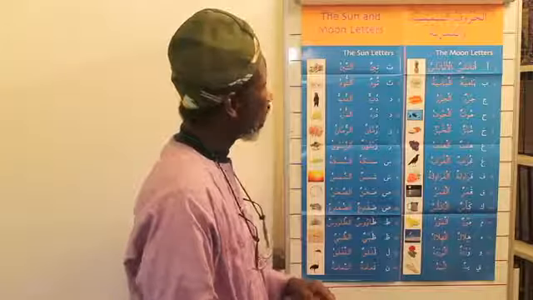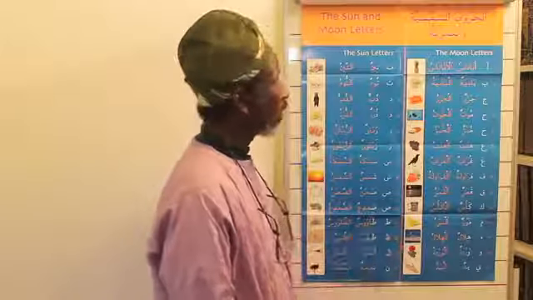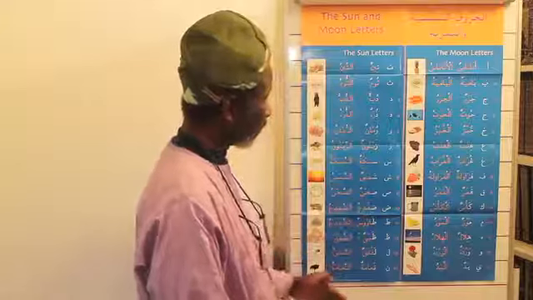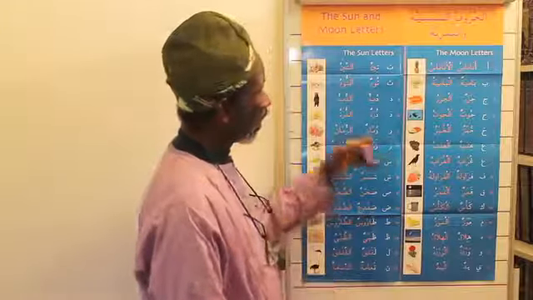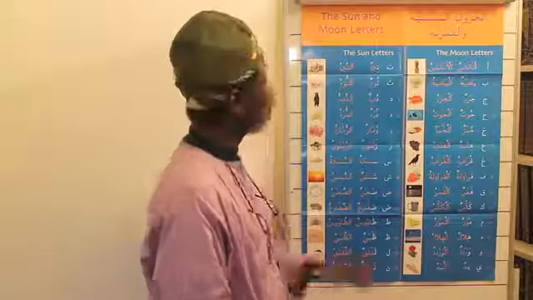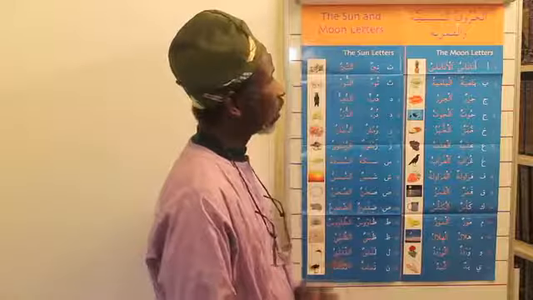Bismillah ar-Rahman ar-Rahim. Now, in front of you here, you have one of our A1 size posters, and it's about al-huruf al-shamsiyyah wal-qamariyah, the sun and moon letters.